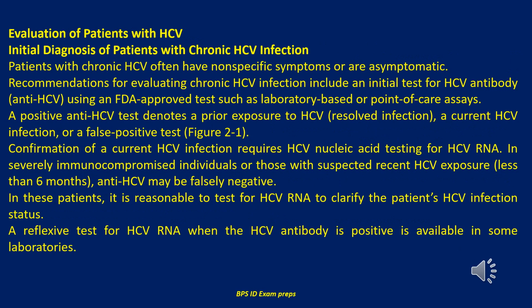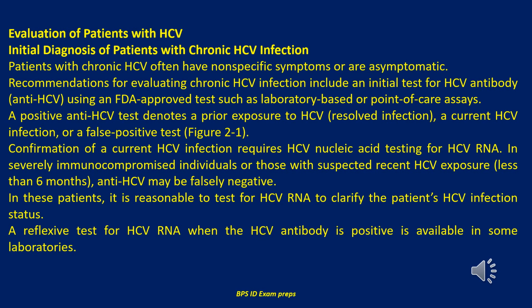Next we will discuss the evaluation of patients with HCV. We will first look at the initial diagnosis of patients with chronic HCV infection. Patients with chronic HCV often have nonspecific symptoms or are asymptomatic.